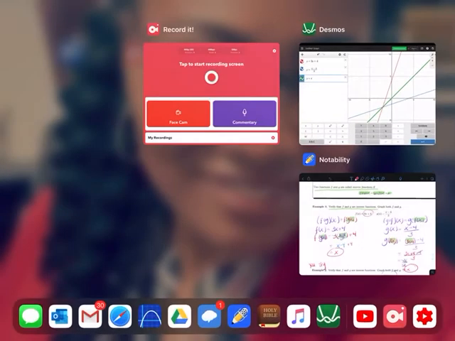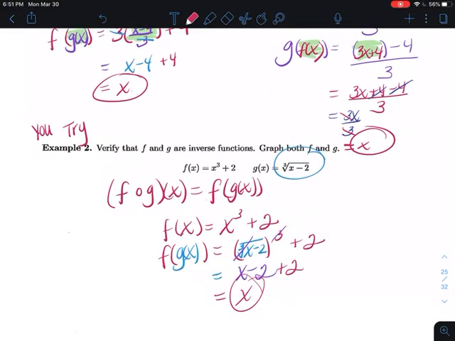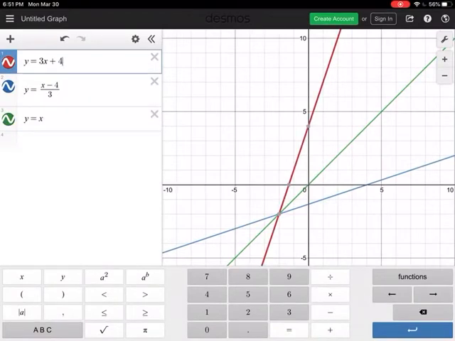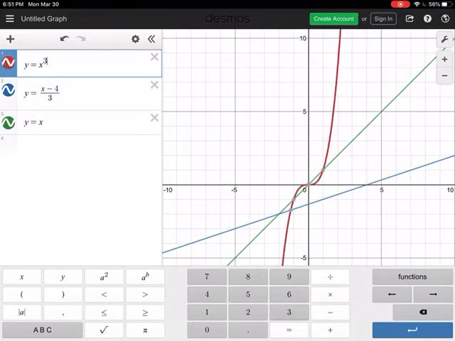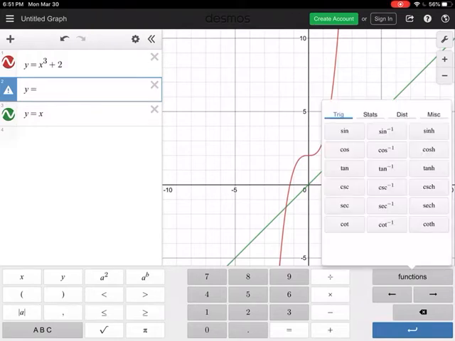Let's look at the other example on a graph. x cubed plus 2. I'm going to change this to x to the third power plus 2. And then this was the cube root. The cube root button, I don't see it down here, so I'm going to hit functions and go over to miscellaneous, and then hit the button that has this n and a square root beside it.